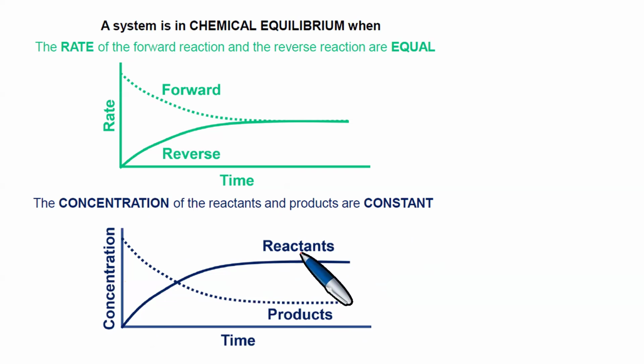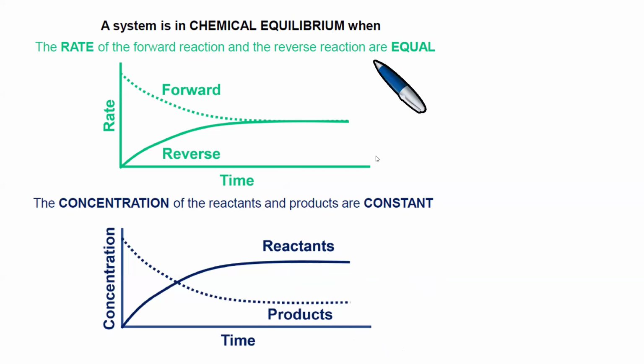So now, in other words, the concentration of the reactants and the concentration of the products remain constant. It doesn't mean they're equal to each other, but it means they are constant. So during equilibrium, something happens.